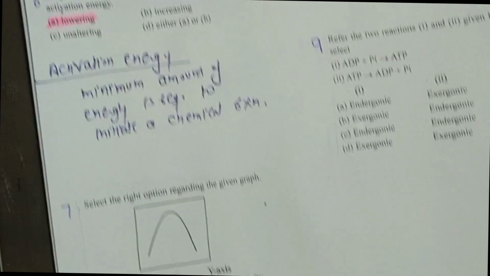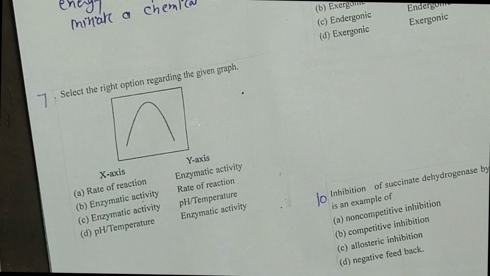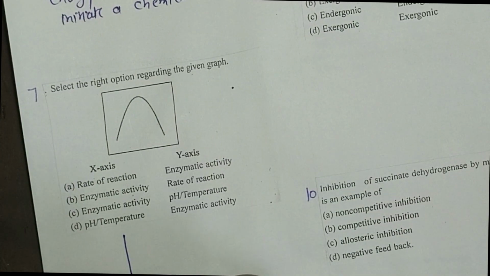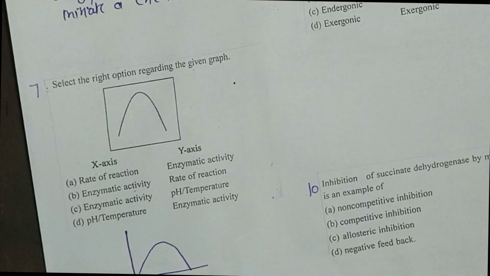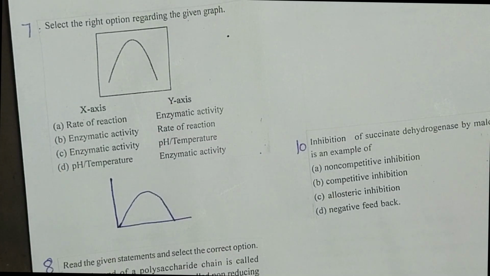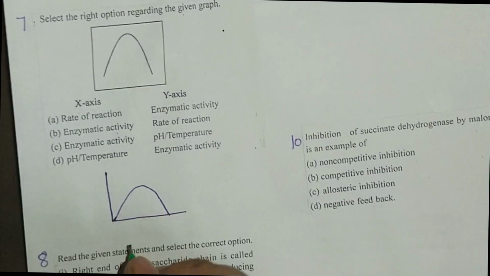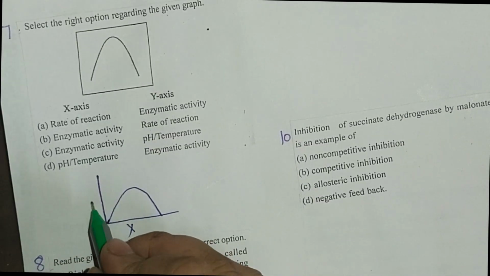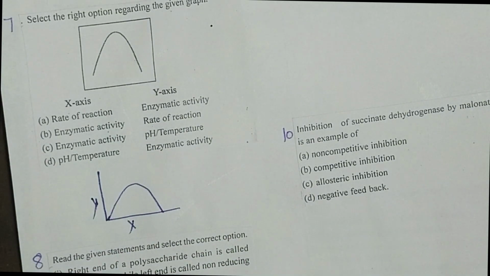Next is another question regarding enzyme kinetics. Here they have asked about the x-axis and y-axis, so we have to analyze this graph they have given and find out what is on the x-axis and what is on the y-axis. If the x-axis is the rate of reaction and the y-axis is enzymatic activity, then if the rate of reaction increases, enzymatic activity does not increase at all.